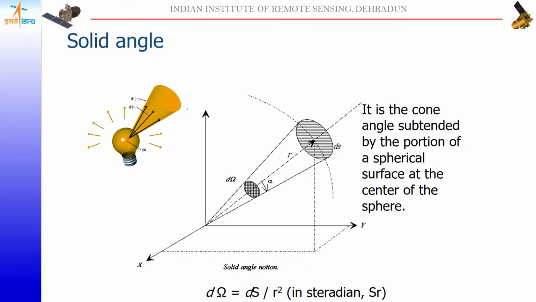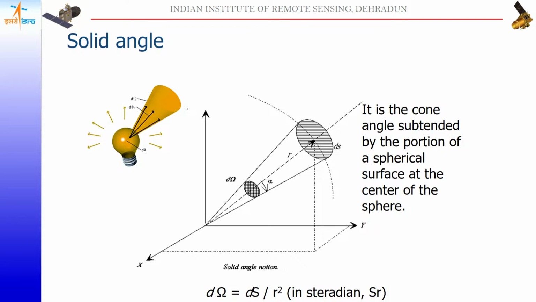As we have an angle in 2 dimensions, similarly we have an angle in 3 dimensions. In 2 dimensions, the angle is defined as the length of the arc subtended on the circle divided by the radius. This is how you define an angle on the surface of a circle from the center. But in 3 dimensions, this circle becomes a sphere and this arc becomes a circle on the sphere.